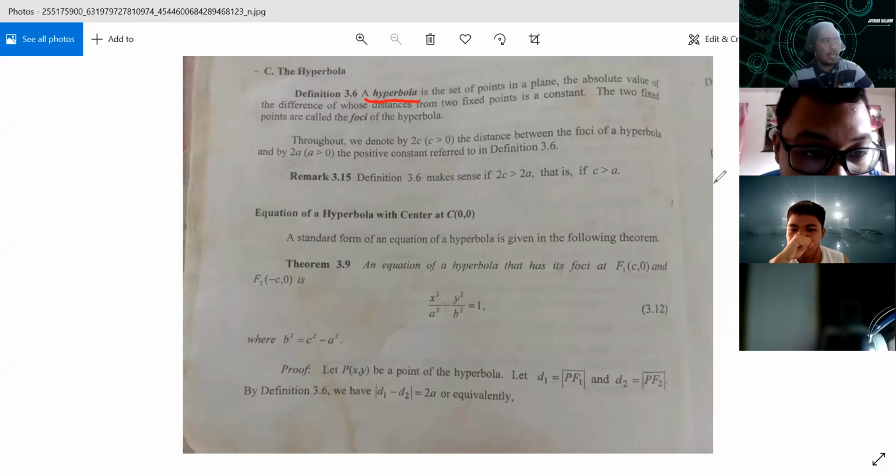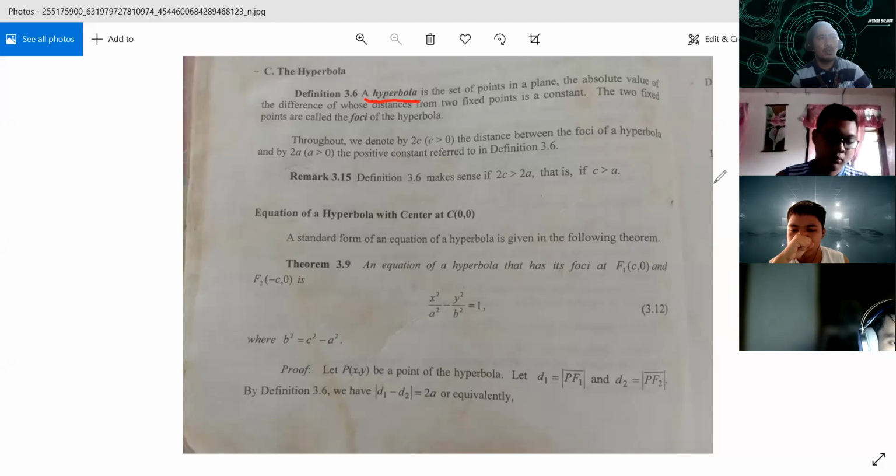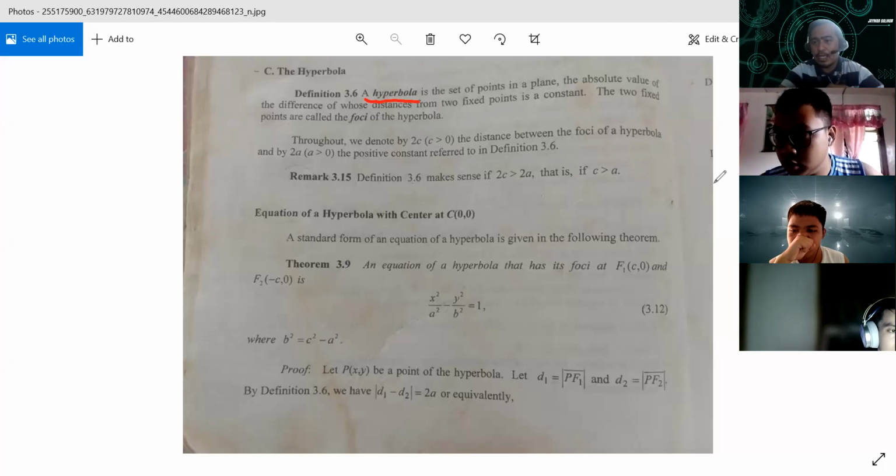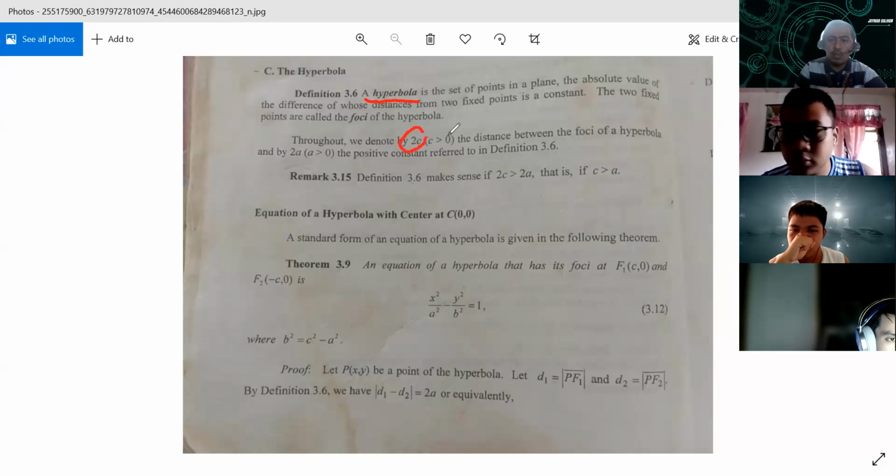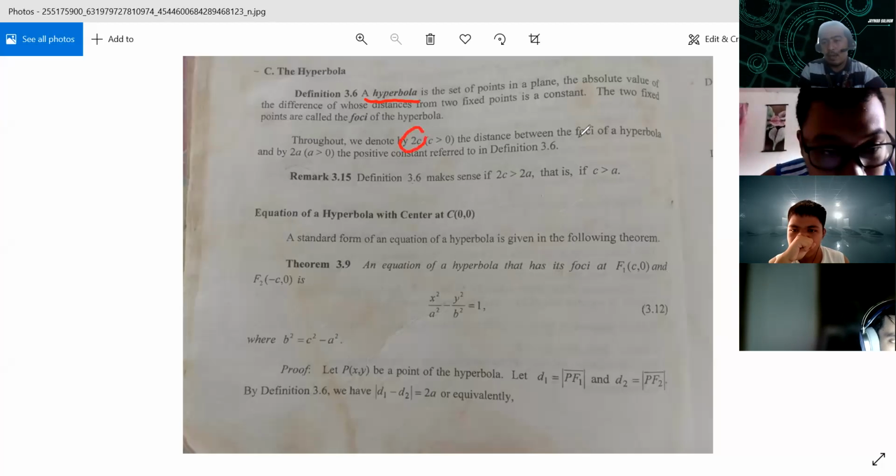Unlike in the ellipse, where the sum of the distances to the two fixed points is constant, this time the absolute value of their difference is always constant. Throughout, we denote 2c as the distance between the two foci.